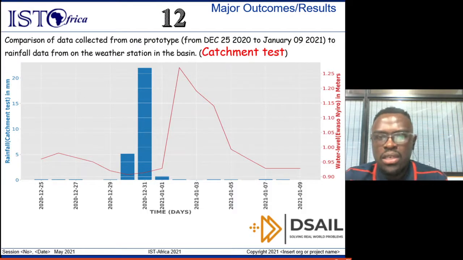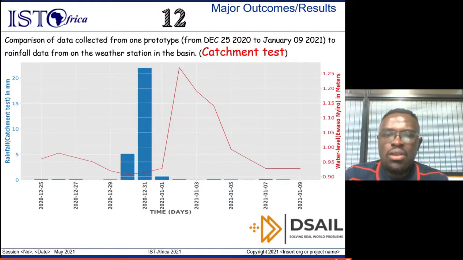If the duration is long, maybe I say 4 days or 3 days or a week, it means that the catchment is possibly doing fine. But when the duration is short, it means the catchment might be possibly degraded to a certain degree. So that is one of the tests we are still running.